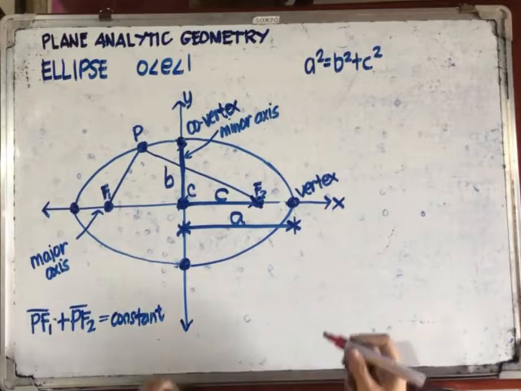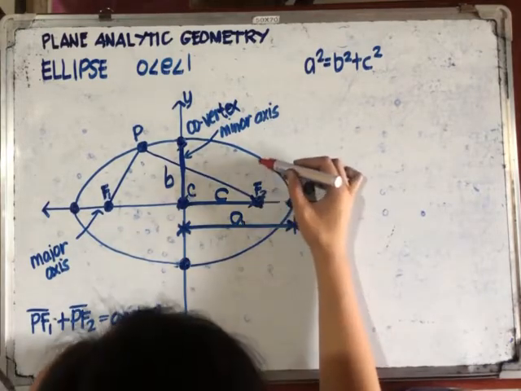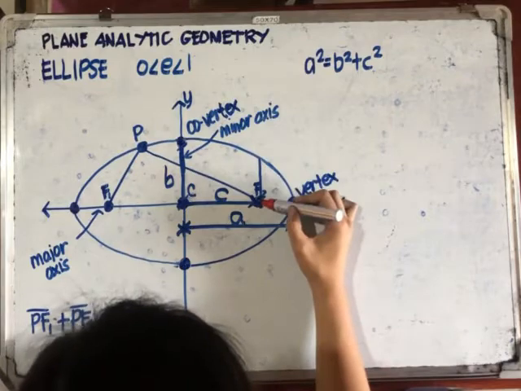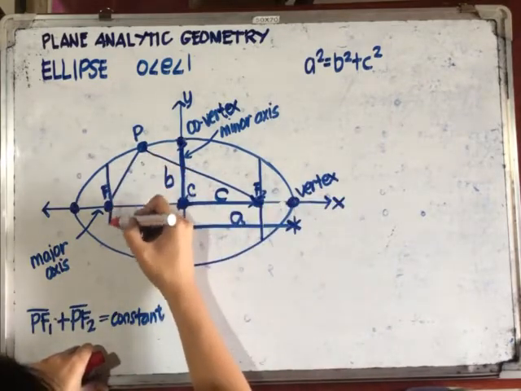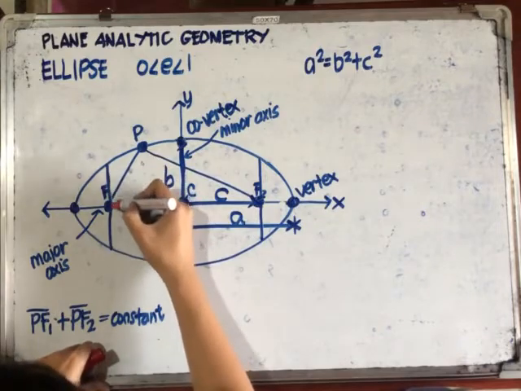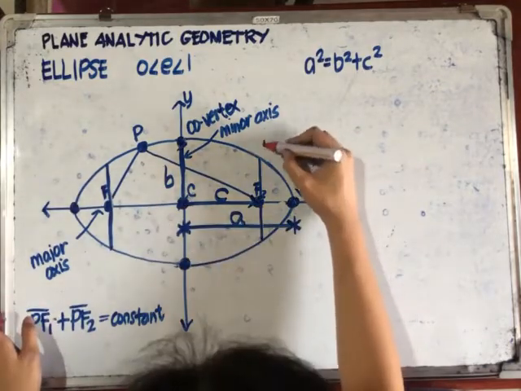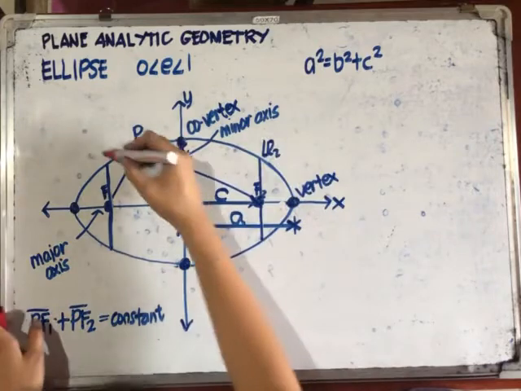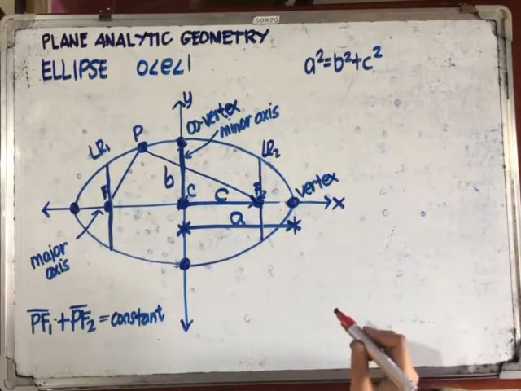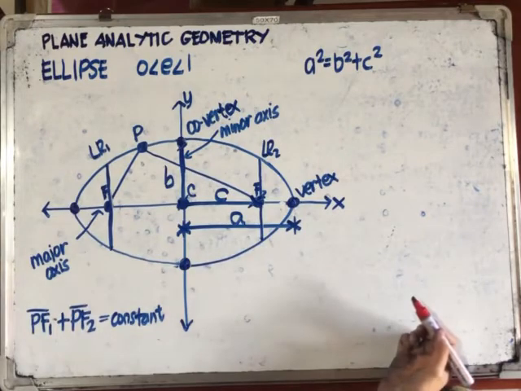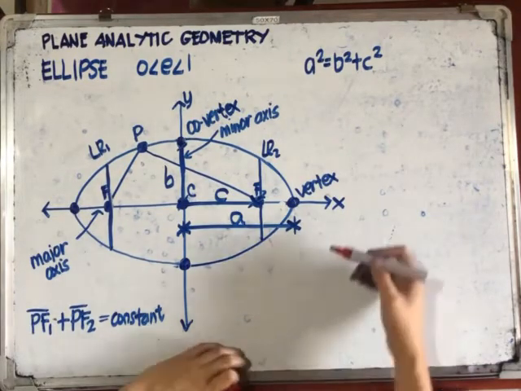So, ang latus rectum natin, it passes through our focus. Ayan, latus rectum 1, and then we have latus rectum 2, but pareho yung distance nila, no? LR2, and this one is our LR1. Okay, ano pa ba ang importante dito? Ayan na. So, ang latus rectum is parallel yan sa directrix.